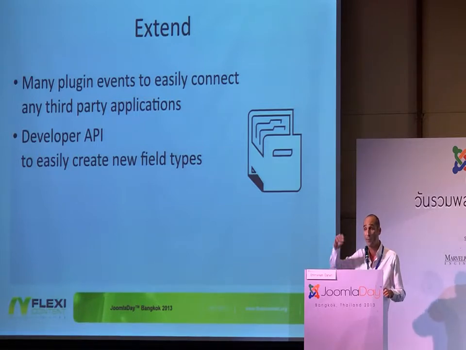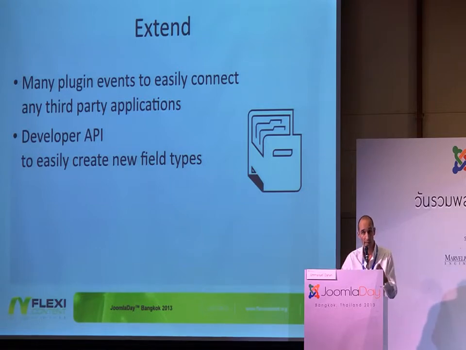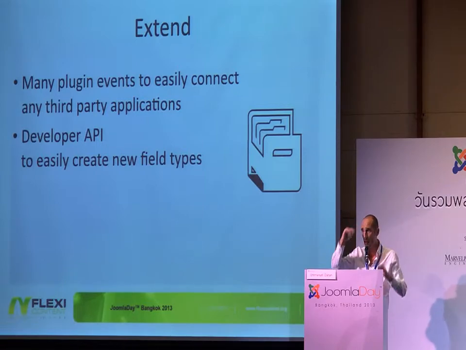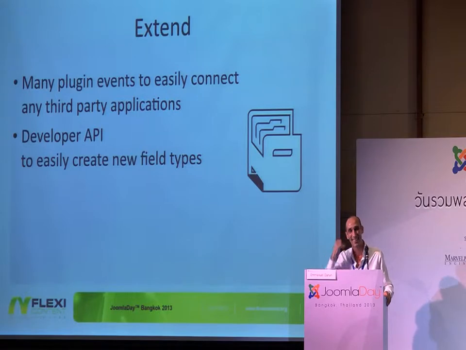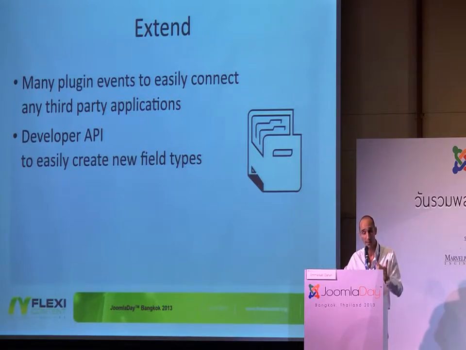For example, we have the basic fields, of course: select box, radio, image, or whatever. But you can really create a mini application as a field, for example, an address with Google Maps, with a small map or whatever. There is no limit to the creation you can do.